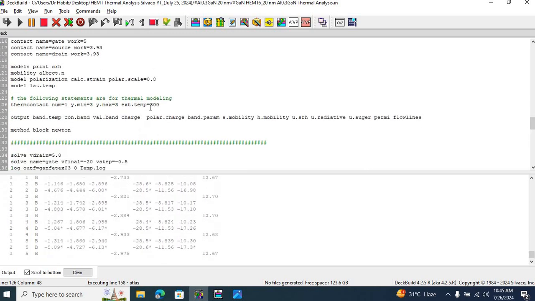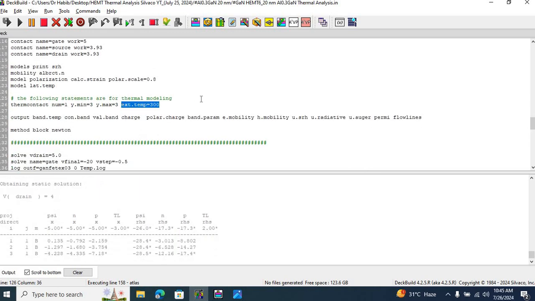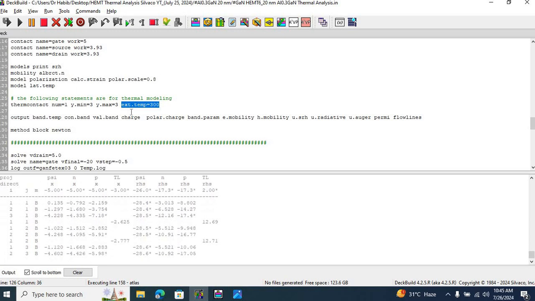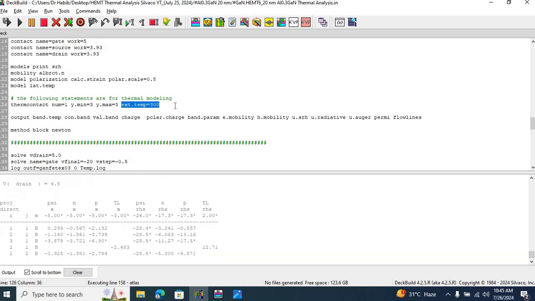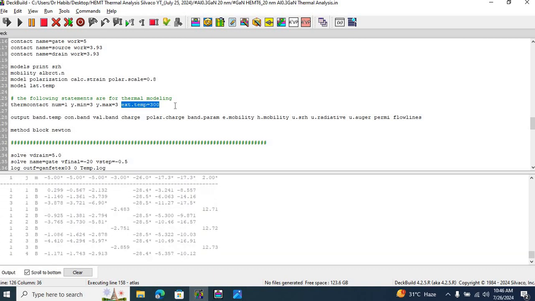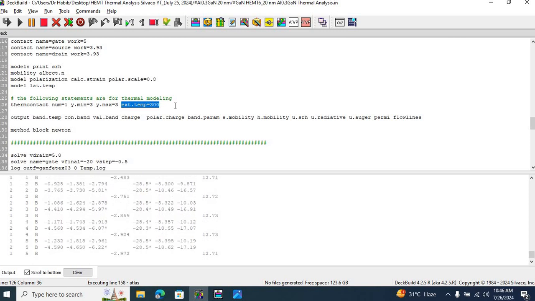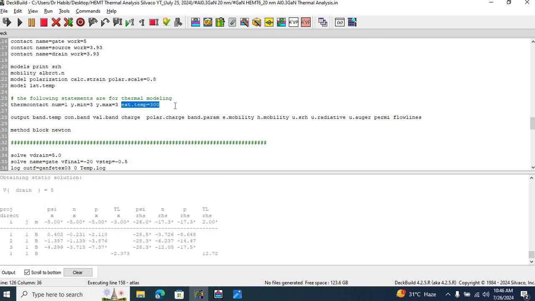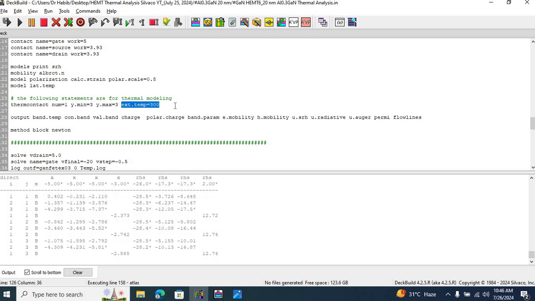And I actually forgot to mention that. So in this case, for the thermal analysis of the gallium nitride HEMT, I have set the external temperature to 300 Kelvin. But you can further increase or decrease this temperature to perform the thermal analysis of gallium nitride HEMT for your own specific application.